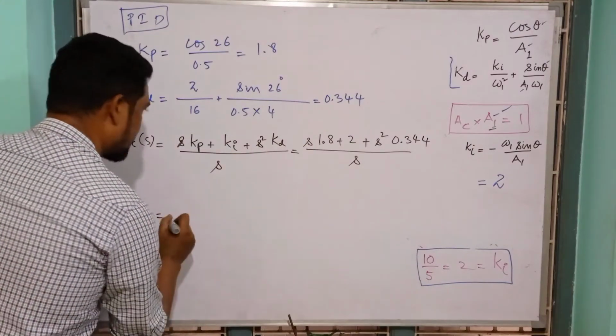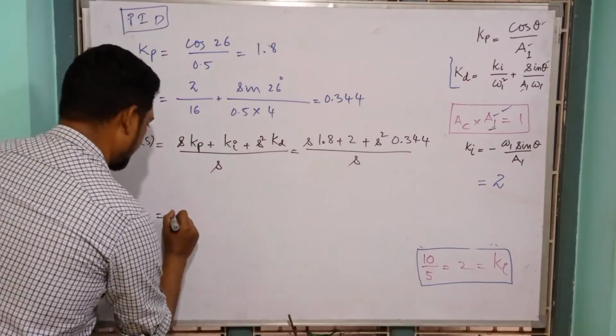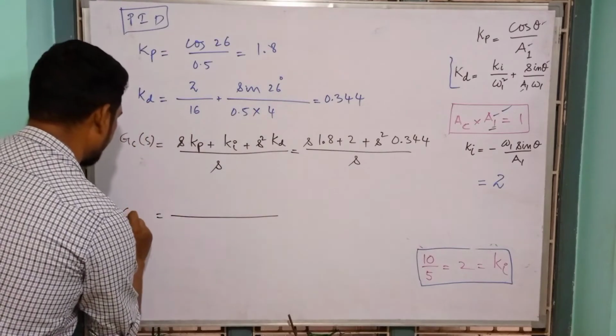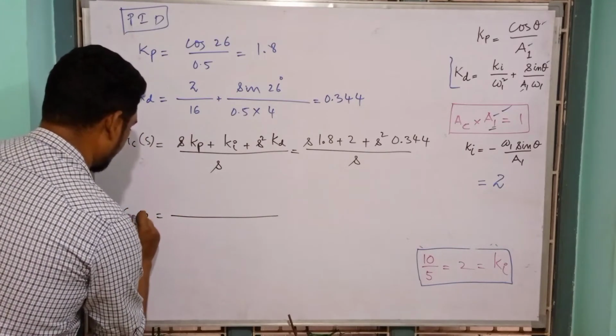So more precisely, bringing that to a very standard form, it's Gc(s), the compensator.